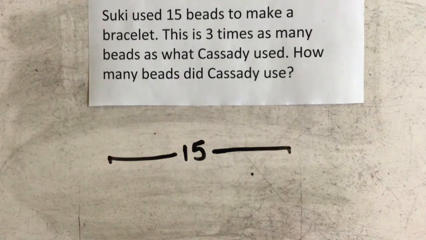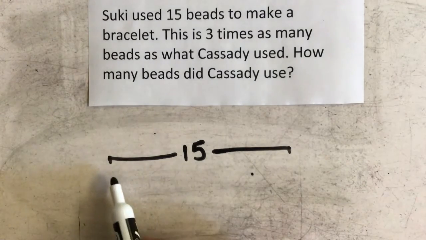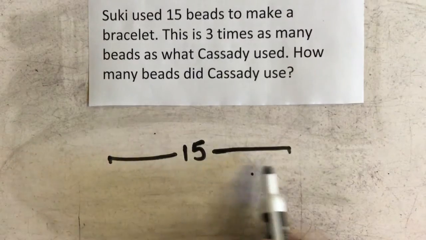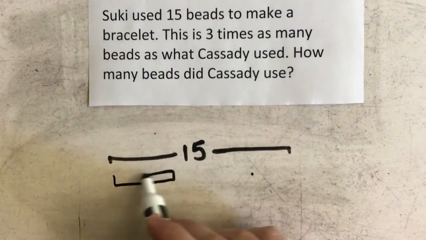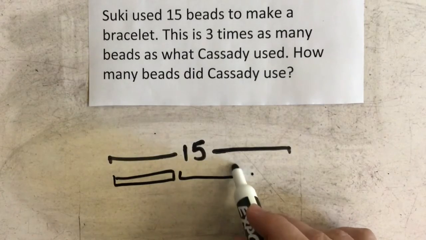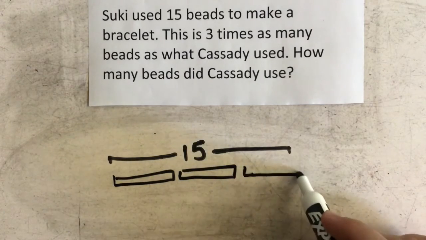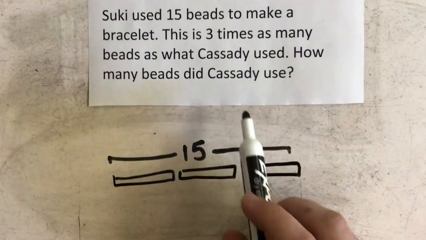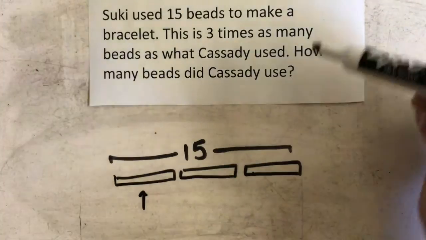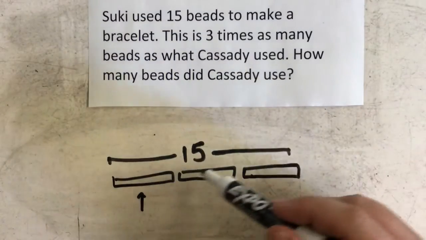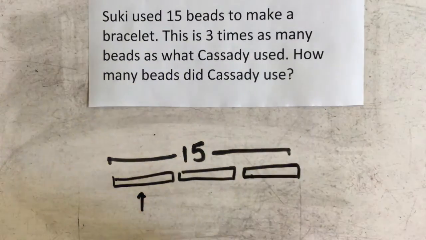And we're going to solve this again using a model to start with. So I can break the total amount of beads of Suki into 3 equal groups. And I know that Cassidy only used one of those groups because Suki used 3 times as many beads as Cassidy.